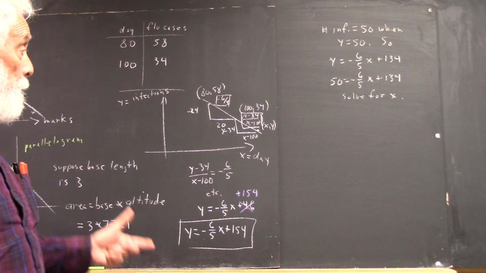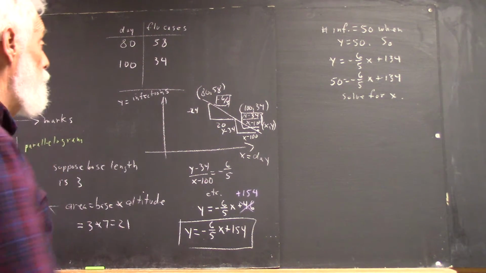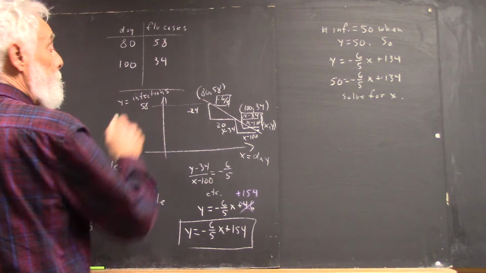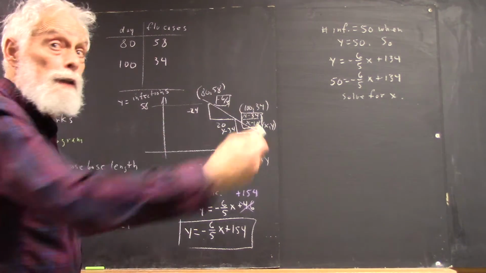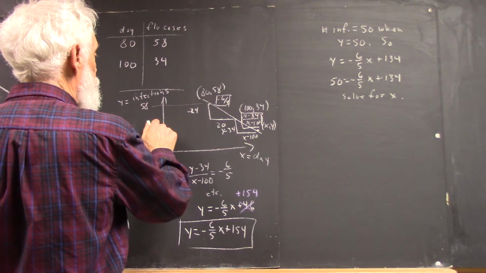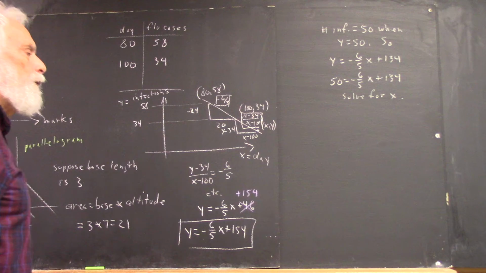So how are you going to represent that on the graph? Well, this is 58, right? Because this point is 80, 58, Y is 58, right? At this point, Y is 34.